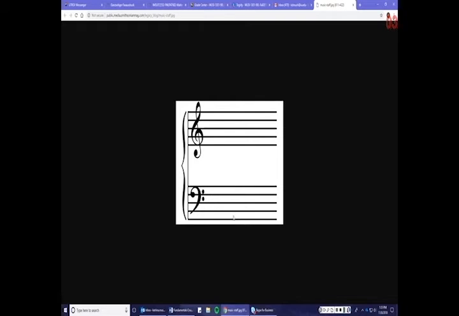We will start counting on A and count up to E. So A1, B2, C3, D4, E5. So A to E is a fifth, and we would write the number 5 to label it.